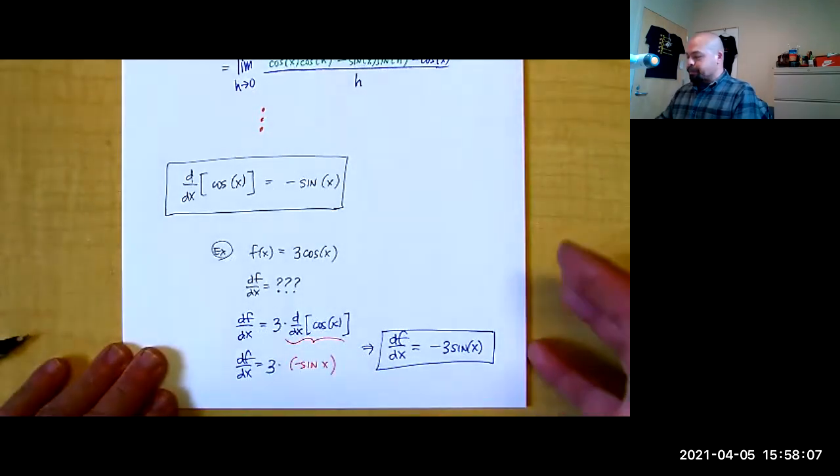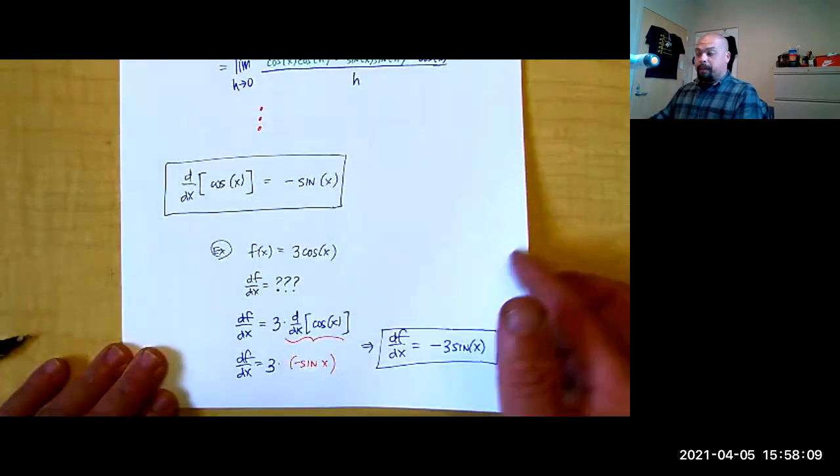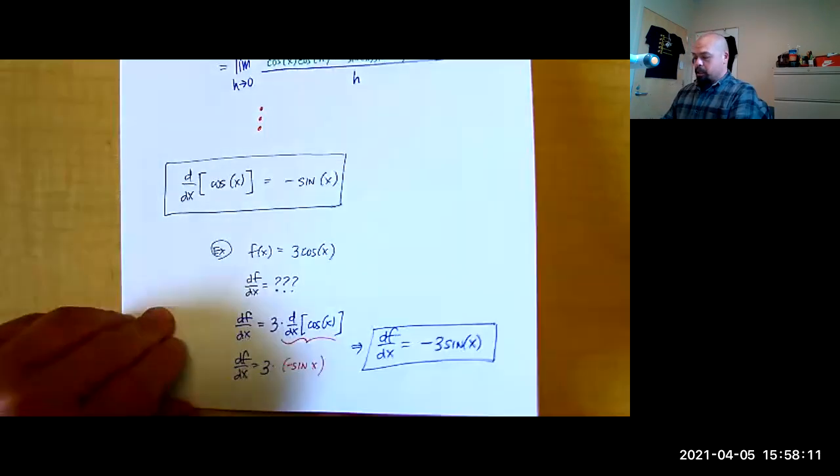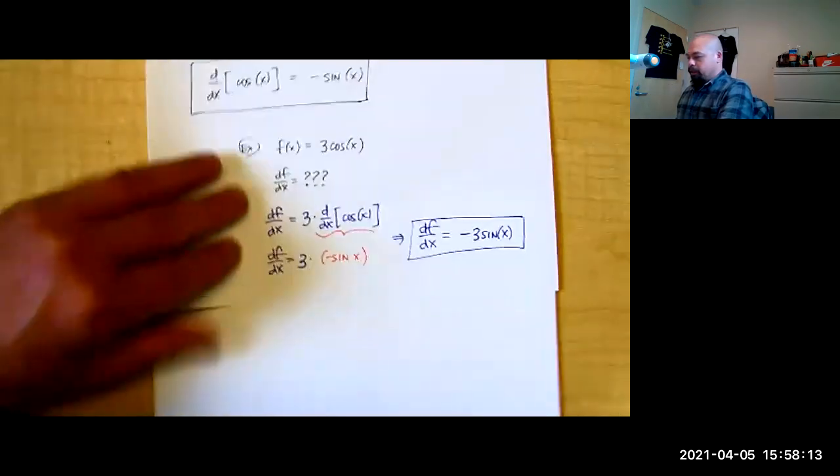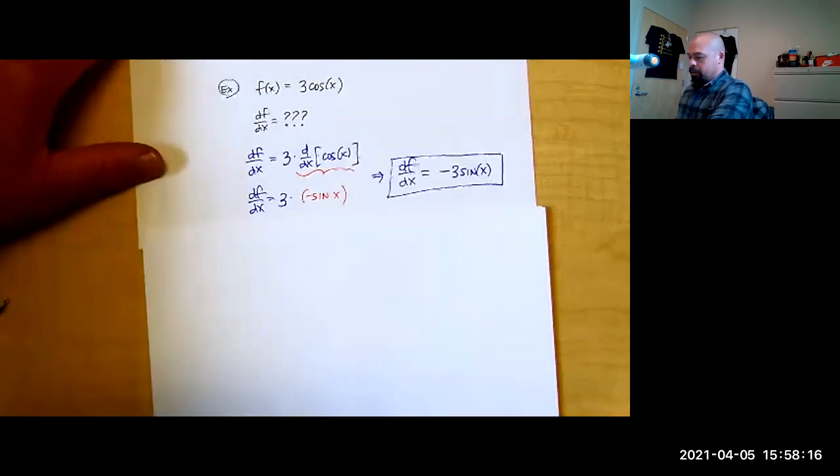Okay, and then if we start to see combinations, just watch out for those signs, those operations involved, right?